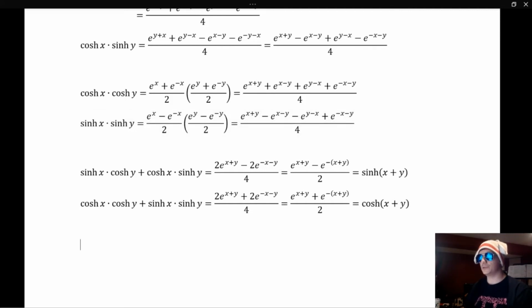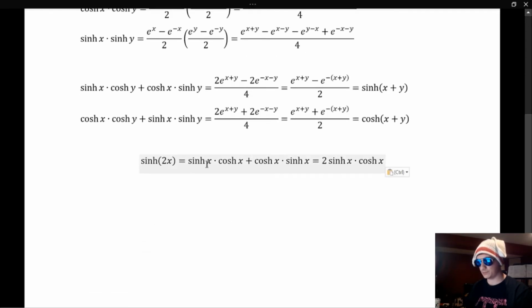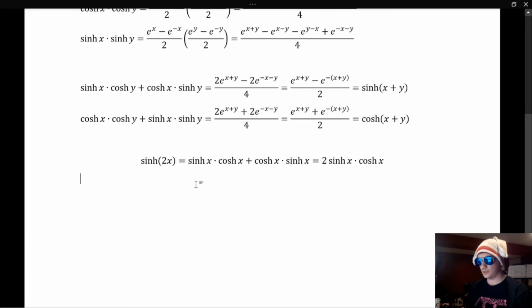Now that we have those, it's going to be a lot easier to do the double variable formulas. Starting off, we have sinh of 2x equals sinh of x times cosh of x plus cosh of x times sinh of x. So that's just 2 times sinh of x times cosh of x. This is starting to look a little bit more similar to the double angle formulas for non-hyperbolic trig functions.